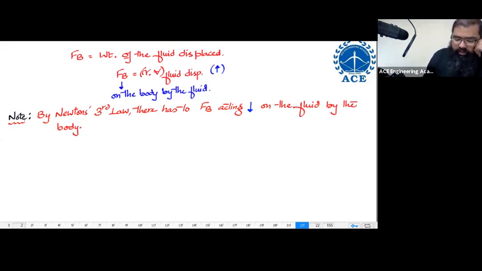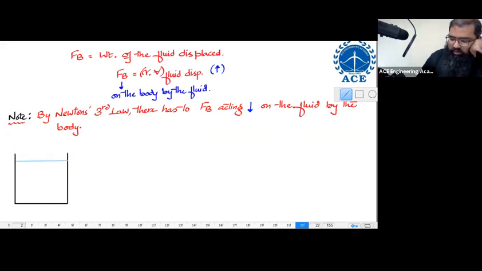So imagine that you're having over here a container. You're having this container over here.